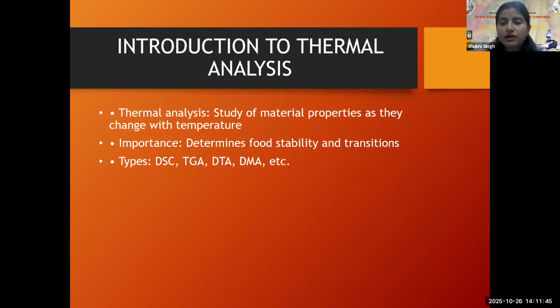So, we all have different matrices of food. Whenever we apply heat-induced temperature or any changes to the food, what different changes in the qualities we get, that we analyze in differential scanning calorimetry.